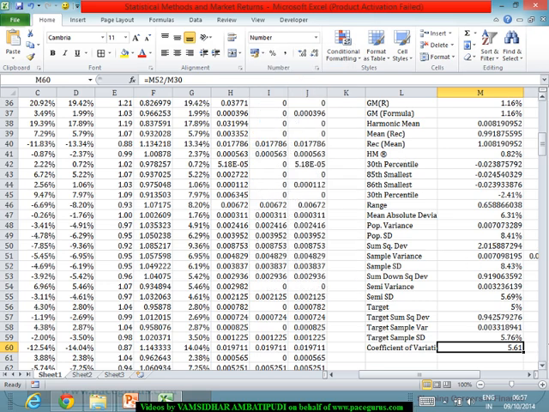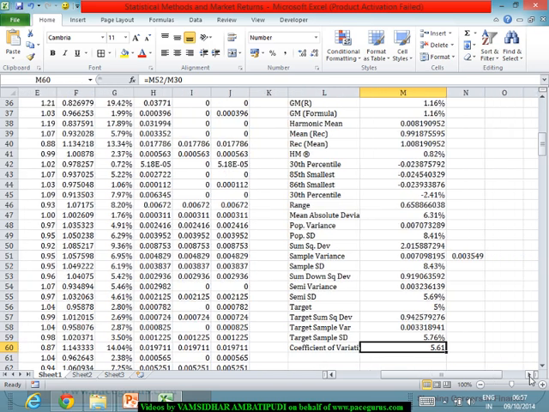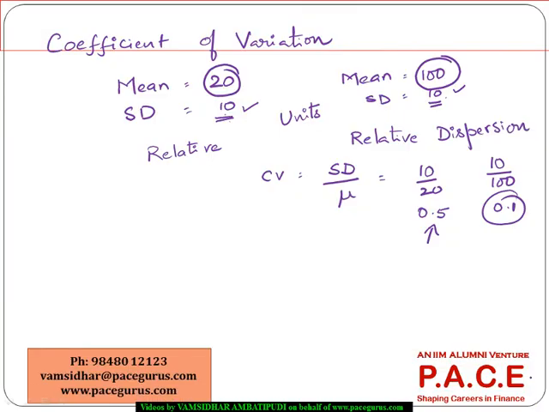So the standard deviation divided by the mean is giving me 5.61, and it is purely a unitless quantity. So it is completely talking about the risk per unit of mean return. When I am talking about coefficient of variation, I can interpret it as risk per 1 unit of the mean return. That is how I present the coefficient of variation.